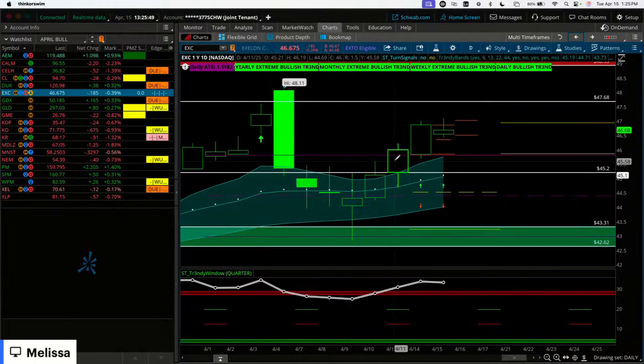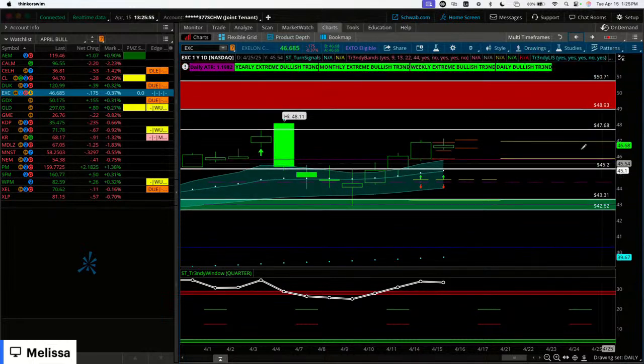And since then, boom, up, up and away, trimming 47.68 and targeting 48.93 by 50.71. I would be interested in buying a dip on this name, but 18 cents is not a dip that is going to get my attention.